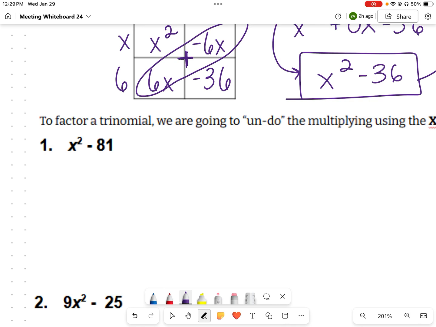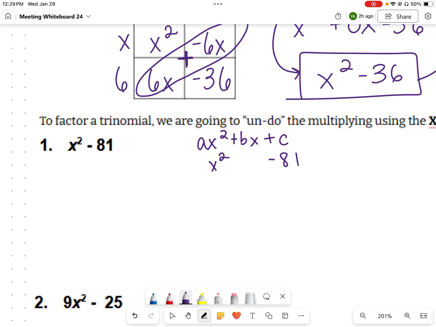So remember, we always look at ax squared plus bx plus c. In this case, we don't have a bx. But I guess we could write it like x squared and then minus 81.